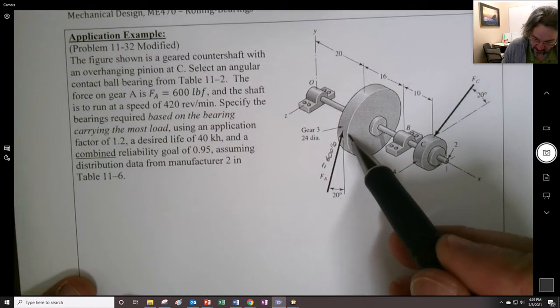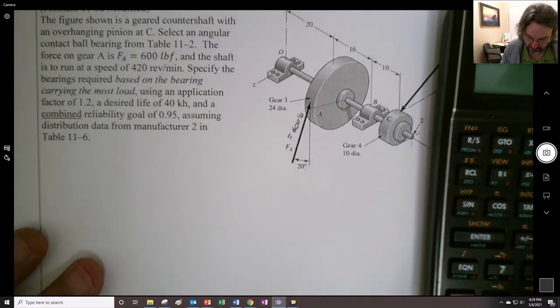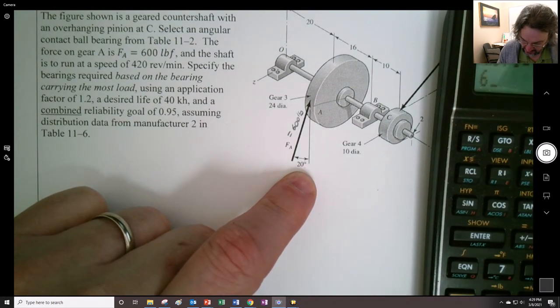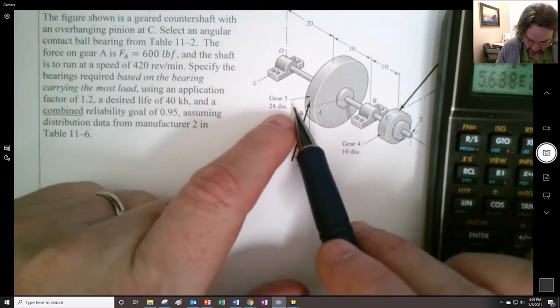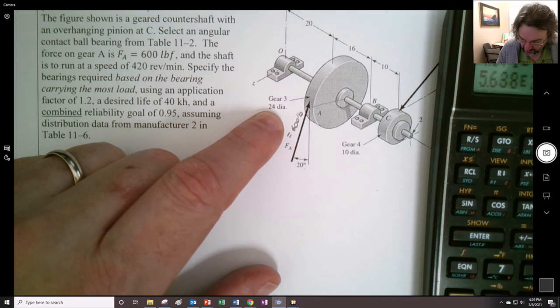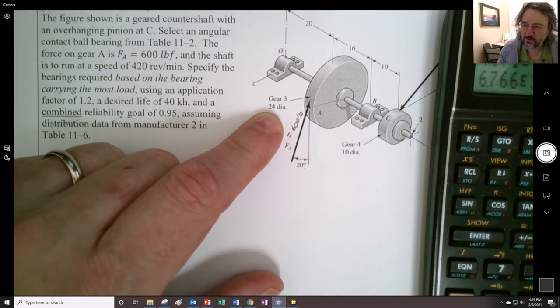Because of that, we could find out what the power is going to be. We could take 600 times the cosine of 20, and the diameter is 24 inches, so we multiply by 12, so that's the torque in inch pounds. I'm trying to remember, do we use foot pounds?